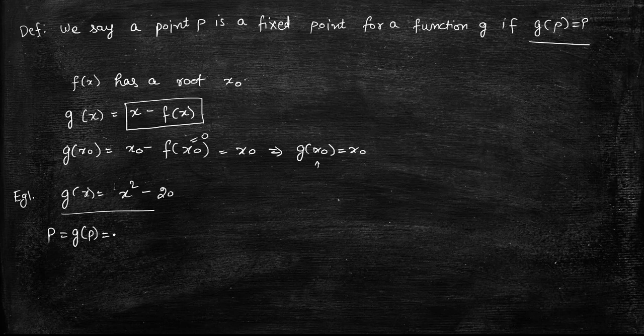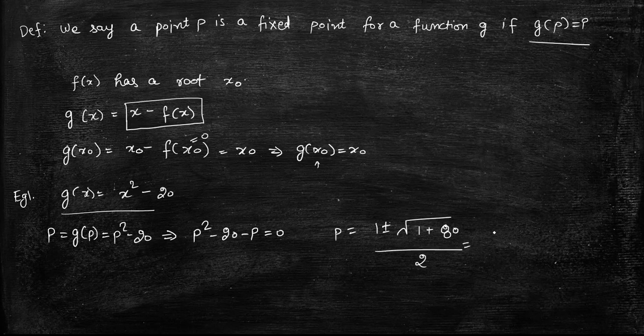So g(p) is equal to p square minus 20. We can rearrange this as p square minus 20 minus p is equal to 0. Applying the quadratic formula, we get p is equal to 1 plus minus square root of 1 plus 4 into 20, which is 80, upon 2, which is equal to 1 plus minus 9 upon 2.